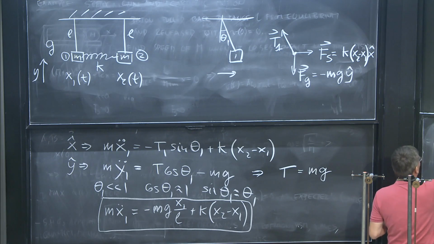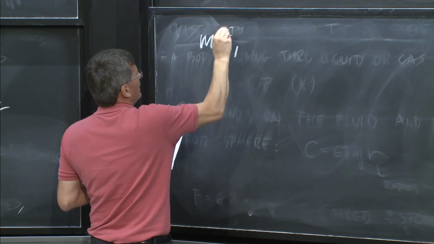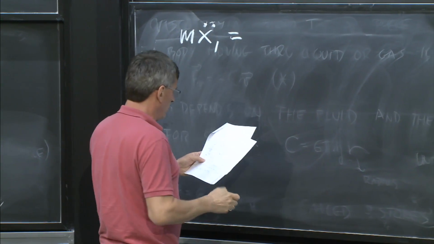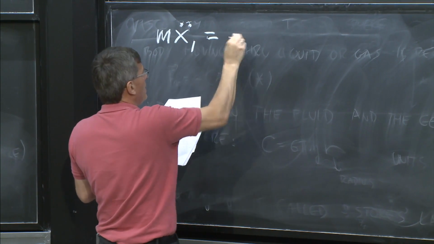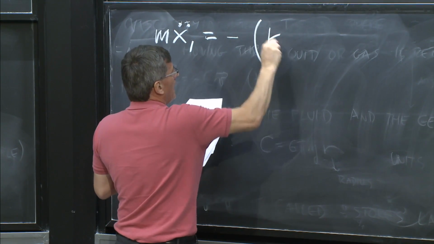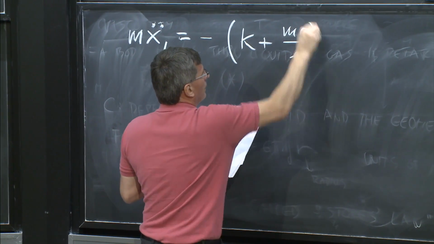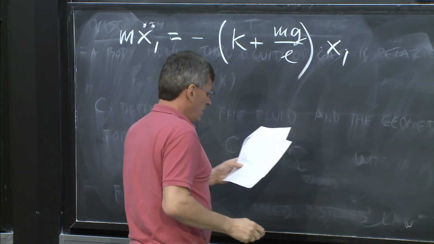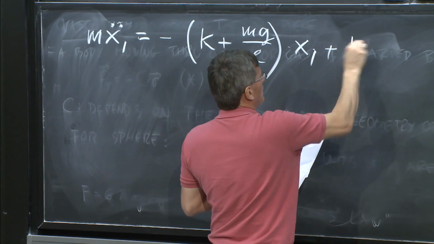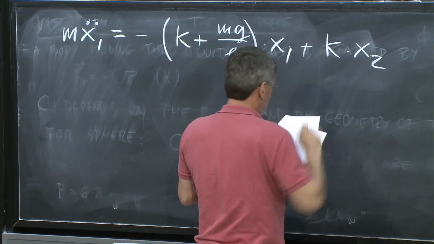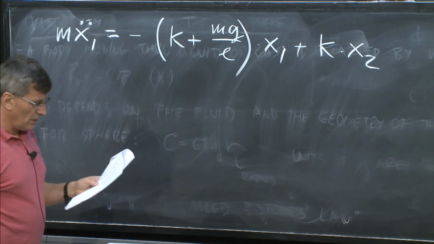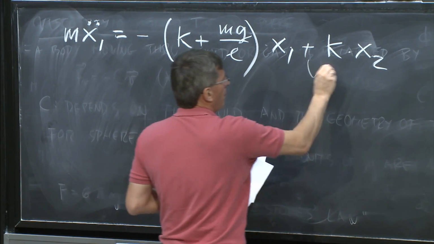So m times the acceleration is equal to minus k plus mg over L, times x1, plus k times x2. So this is the coupling term.